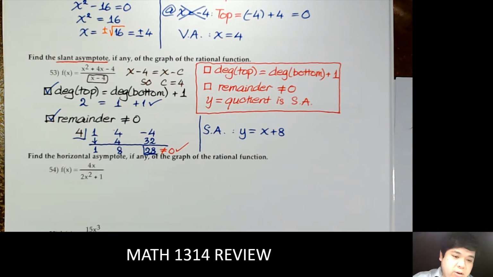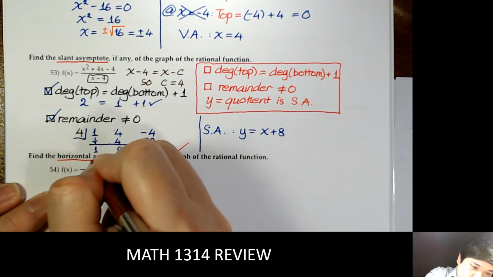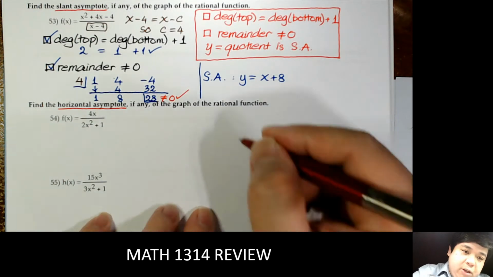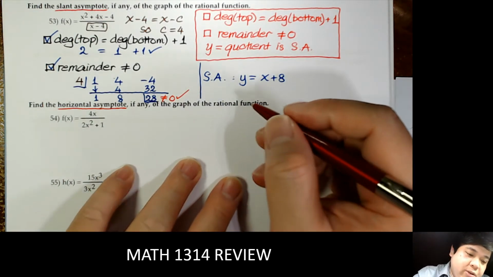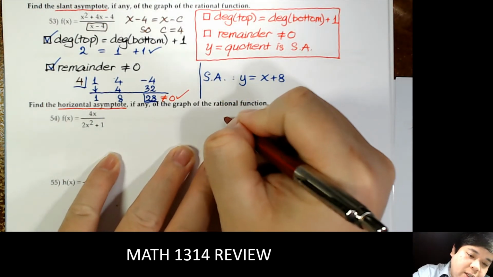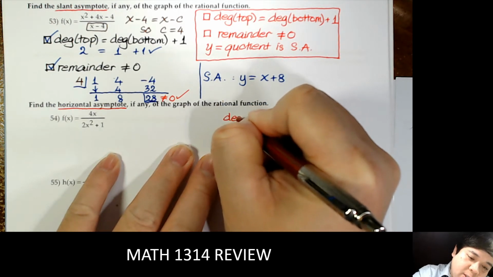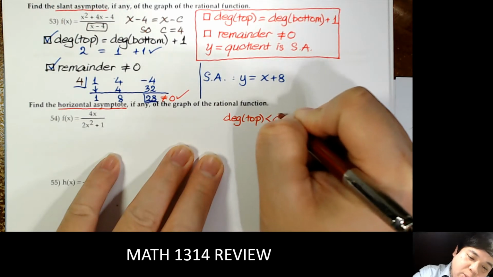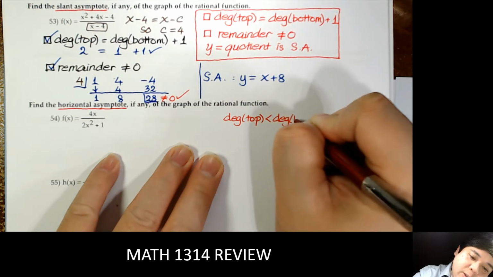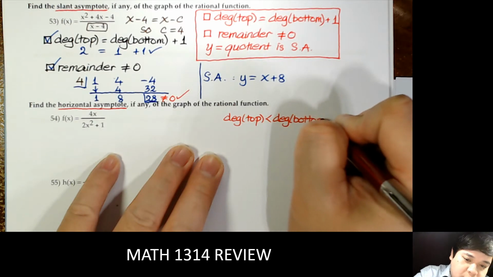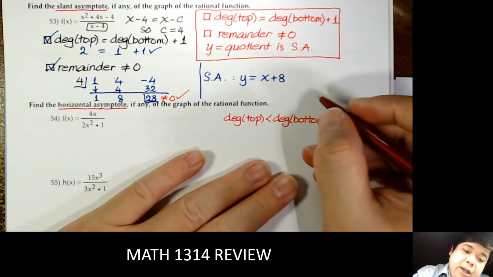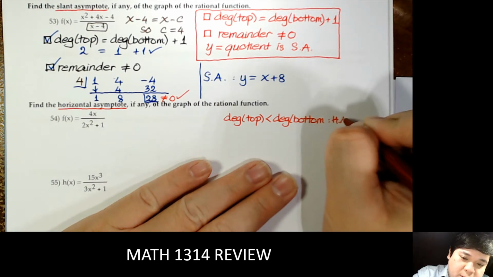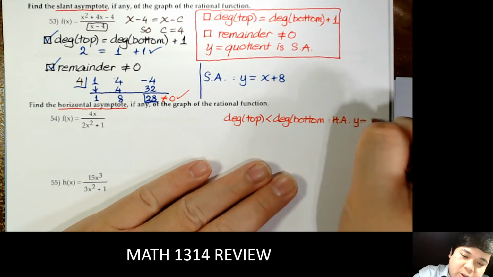Next we have the horizontal asymptote. For the horizontal asymptote, there will be 3 different scenarios. If degree on the top is less than degree at the bottom, then the horizontal asymptote is y equal to 0.